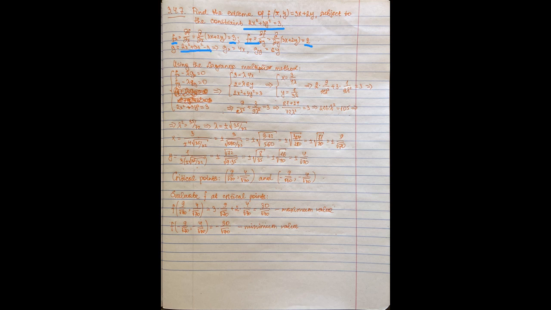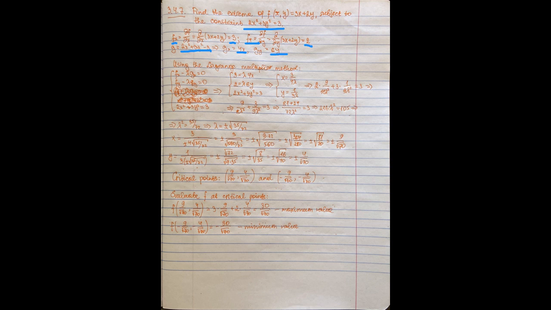And again, I have to find the partial derivatives with respect to x and y of this function, which describes the constraint. And the result of it is gx is equal to 4x and gy is equal to 6y.